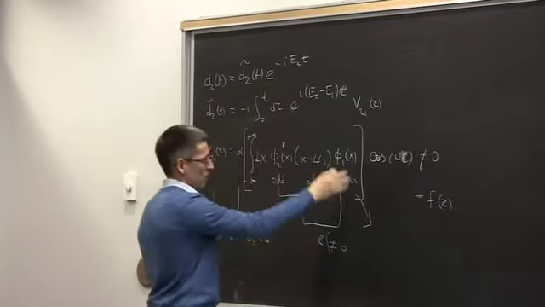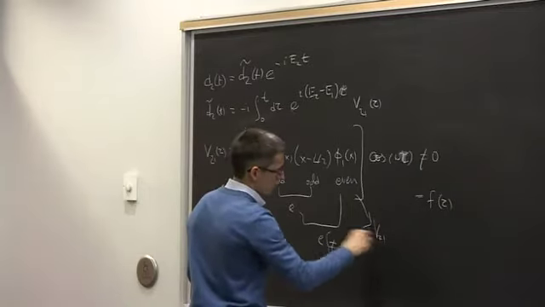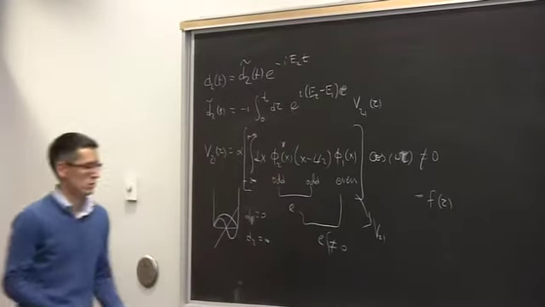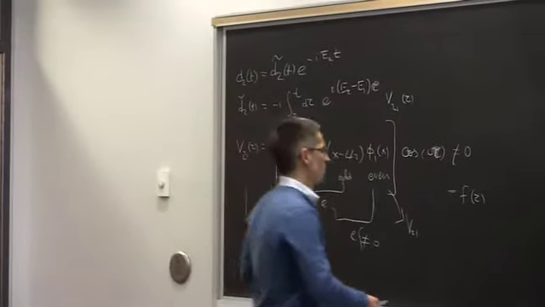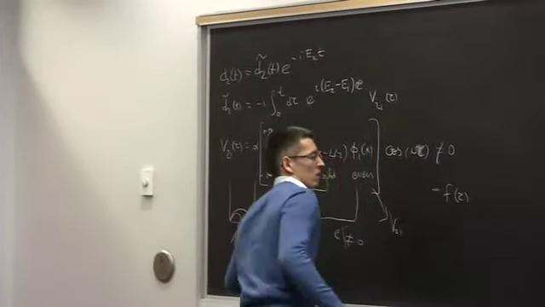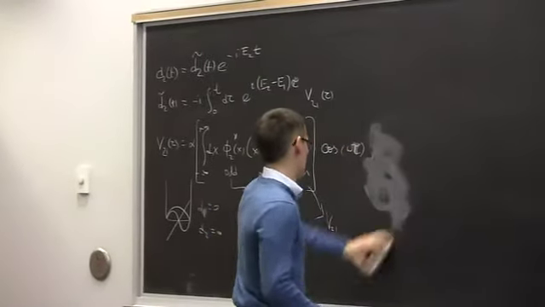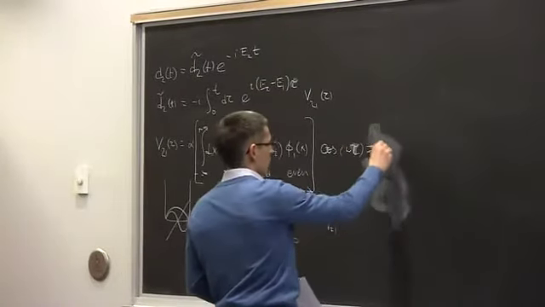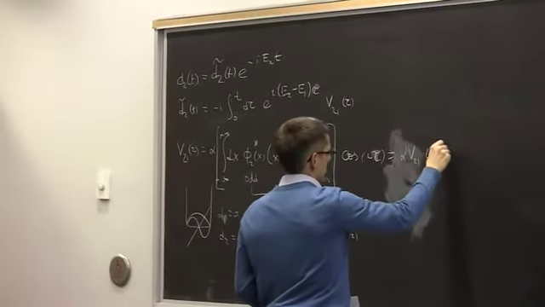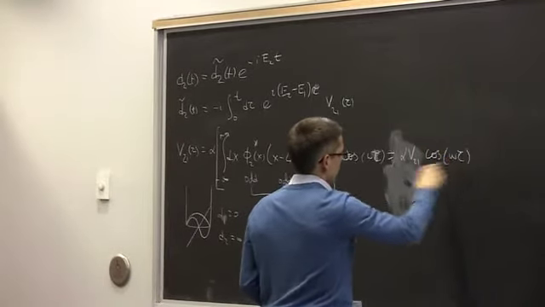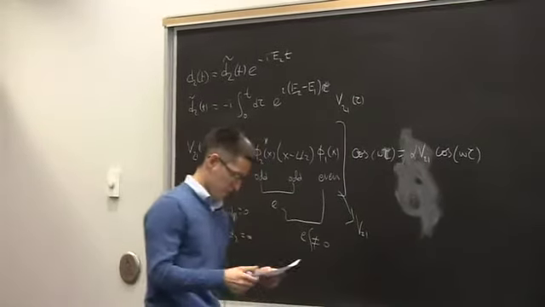Well, when we integrate the spatial part, it will be just V21 constant. Okay? So V21 tau, just write it down, will be alpha V21 cosine omega tau. Okay?